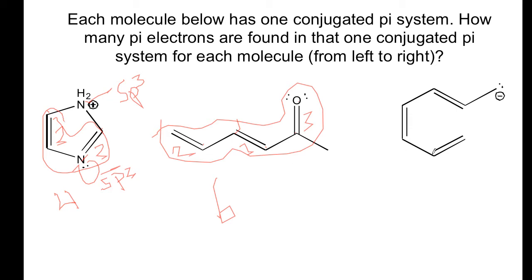In our final system, also not a ring, we have sp2, sp2, sp2, sp2, sp2, and the last atom has a pair of electrons in it, which can be rehybridized into a p orbital to make another sp2 position.